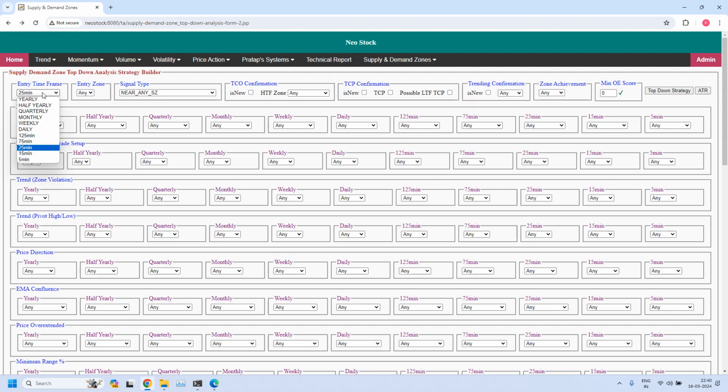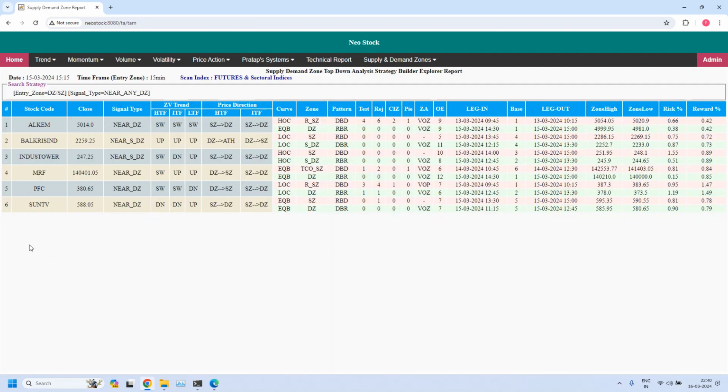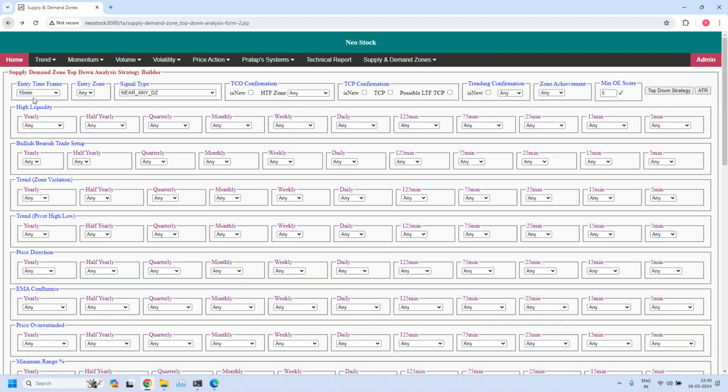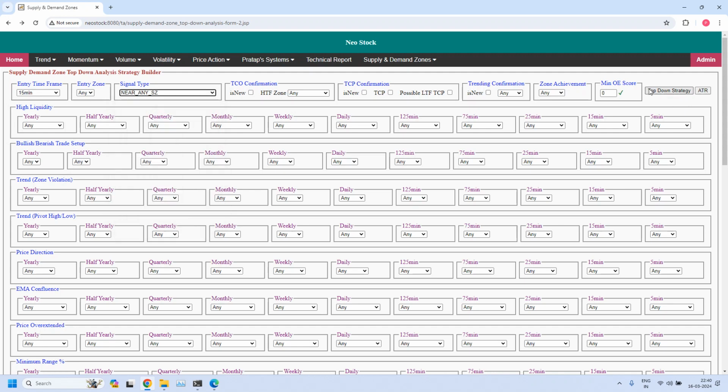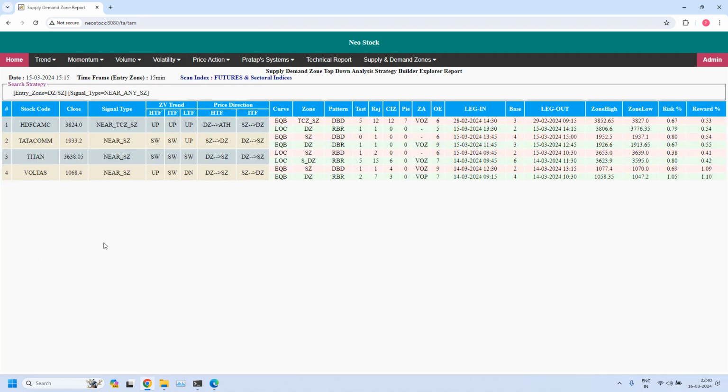Let me change the time frame to 15 minutes and find the stocks near 15 minutes demand zone. So these 6 stocks are filtered. For 15 minutes time frame, let us find the stocks near 15 minutes supply zone. So these 4 stocks are filtered.